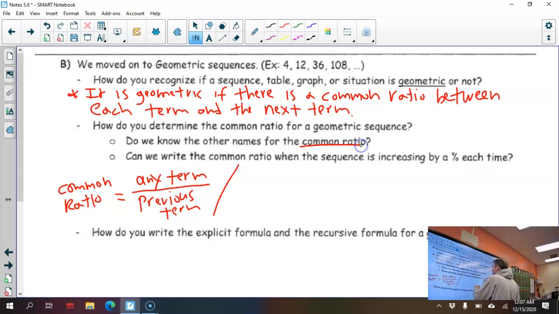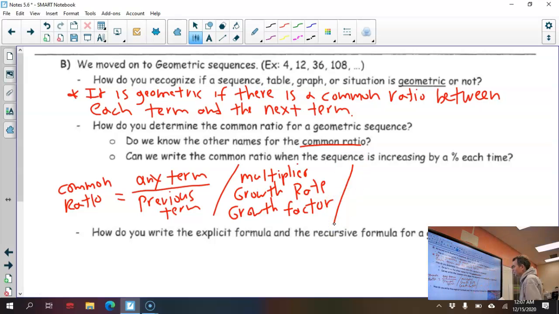Other names for the common ratio: the multiplier, the growth rate, or the growth factor. All of those are other names for it. And can we write it when it's a percentage? Well, of course we can. If you were going up 5%, right, it would be 1 plus the percentage. And if you were going down 5%, it would be 1 minus the percentage.